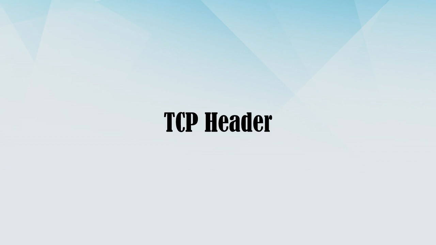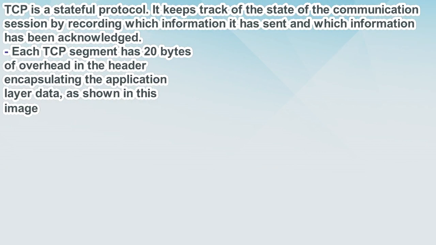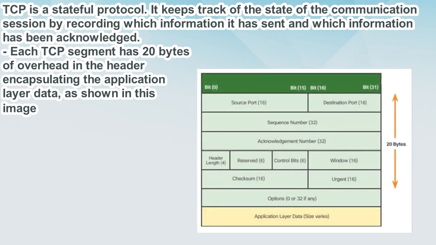TCP header. TCP is a stateful protocol. It keeps track of the state of the communication session by recording which information it has sent and which information has been acknowledged. Each TCP segment has 20 bytes of overhead in the header encapsulating the application layer data.